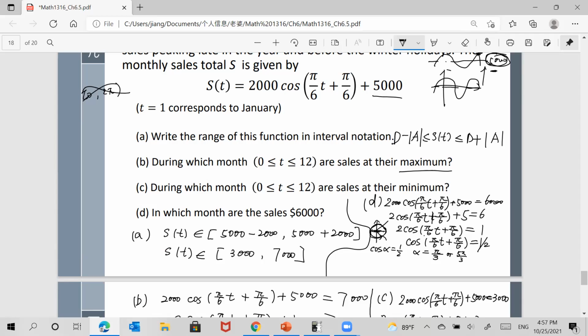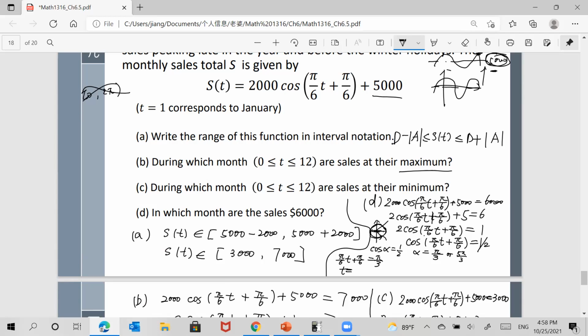So we have 2 angles for alpha. If pi over 6t plus pi over 6 equals pi over 3, what is t?